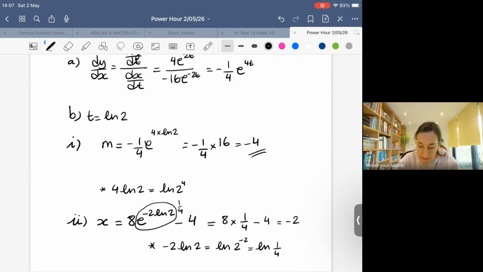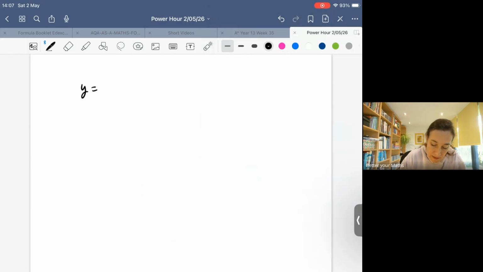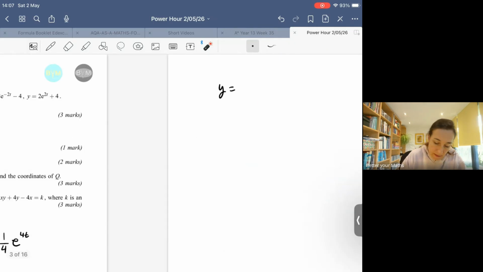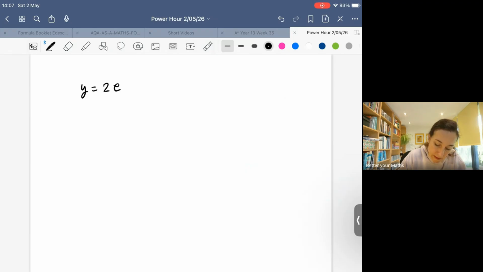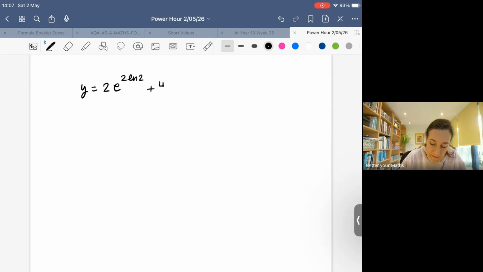Y coordinate, the same. I substitute. So y is going to be 2e to the 2t. So 2e to the 2 ln 2, because t is ln 2, plus 4. And again, for the same reason, this is going to be ln 2 squared, or ln 4.